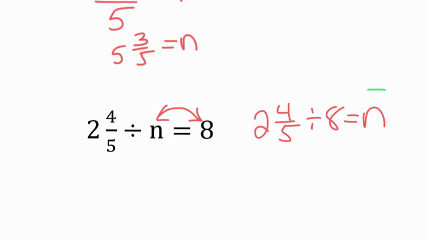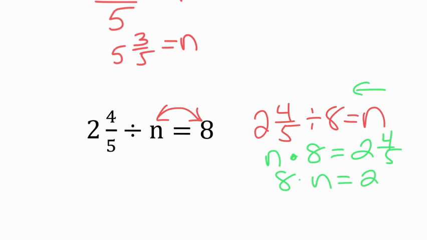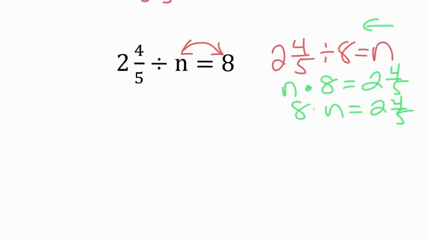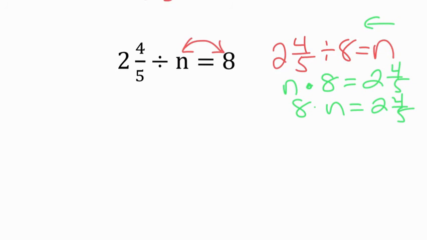I'm going to now go in reverse. I change my sign. N times 8 equals 2 4/5, and then 8 times n equals 2 4/5. So the green doesn't help us because the n's not by itself. So now I still have a division problem, and my division problem is 2 4/5 divided by 8 equals n.